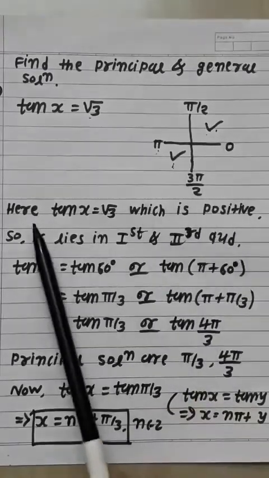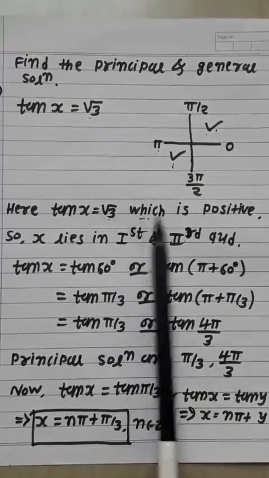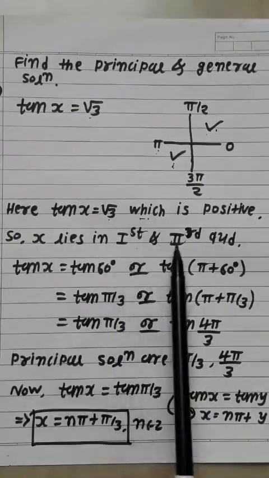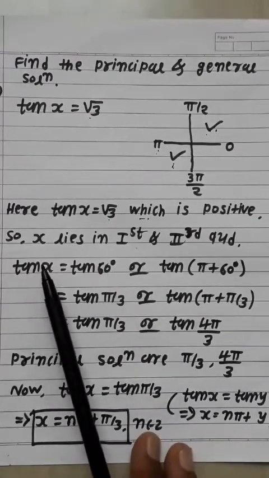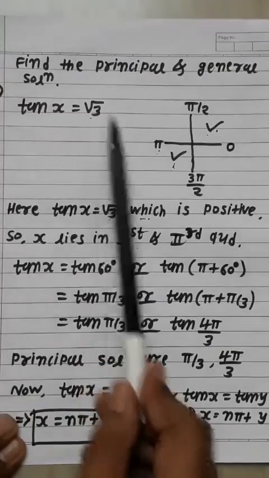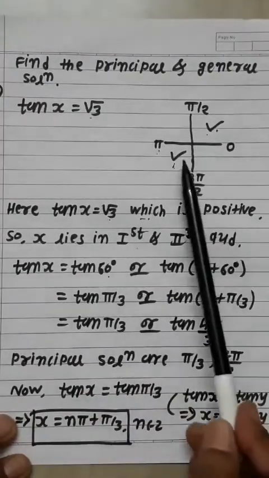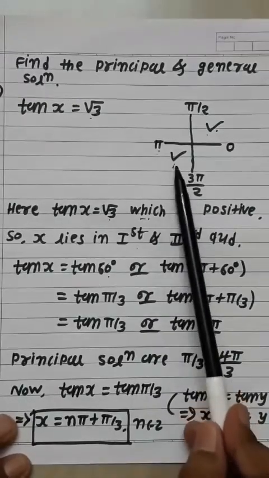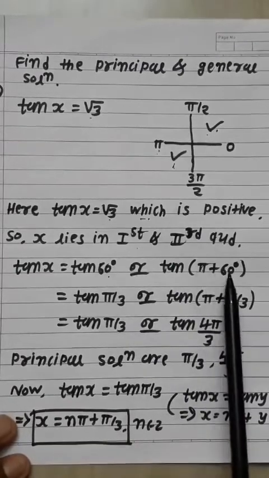So now tan x is equal to root 3, which is positive, so x lies in the first and third quadrants. Now, using the trigonometry table, in place of root 3 we substitute the value of tan 60, or in case of the third quadrant we can write another value, pi plus 60 degree. Tan of 60 degree is root 3.